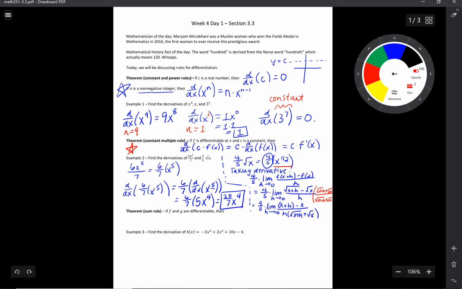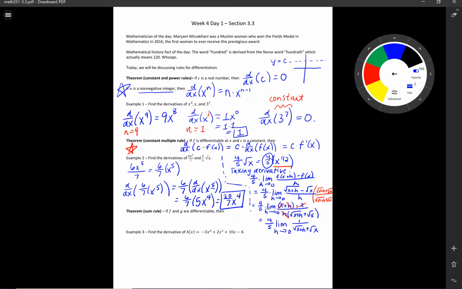All right, well, my x's here cancel. And that means that I'm just left with h on top, so I can also cancel this h. And I am left with 4/5 times the limit as h goes to 0 of 1 over square root of x plus h plus square root of x. Now I can plug in 0 for h because it no longer makes my denominator equal to 0.